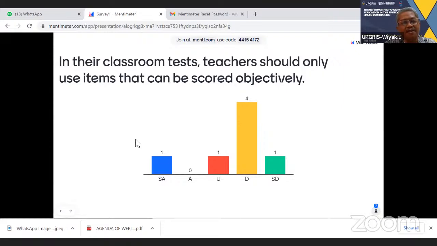Yeah, this is the type of assessment which is recommended by the school, for example. Okay, we'll stop the survey here with only 3 items of the 10 questions that I will share with you.